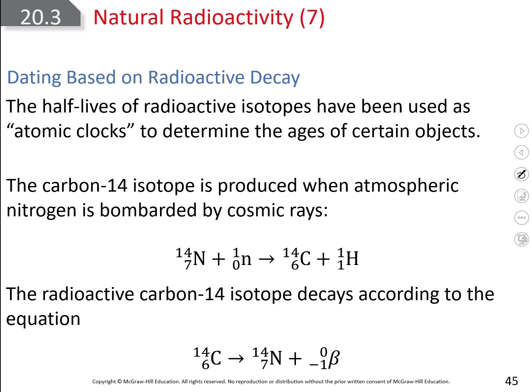So once we have that carbon-14, it's unstable, it's going to decompose back into the more stable nitrogen-14 by releasing a beta particle. We know we can determine what the half-life of this is, and from that we can figure out how much time has gone by.